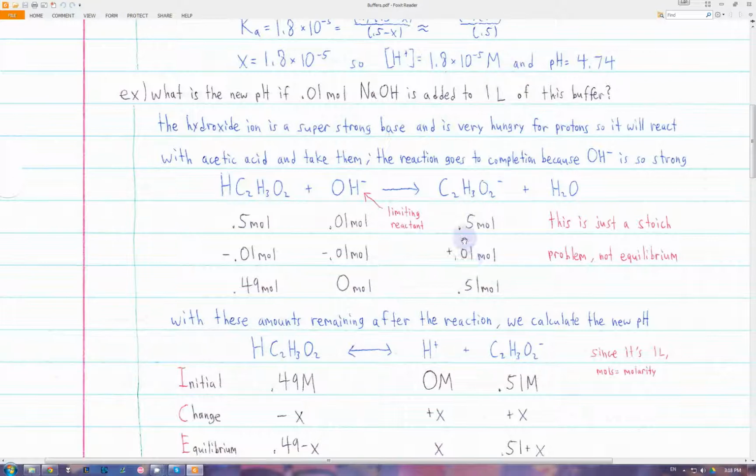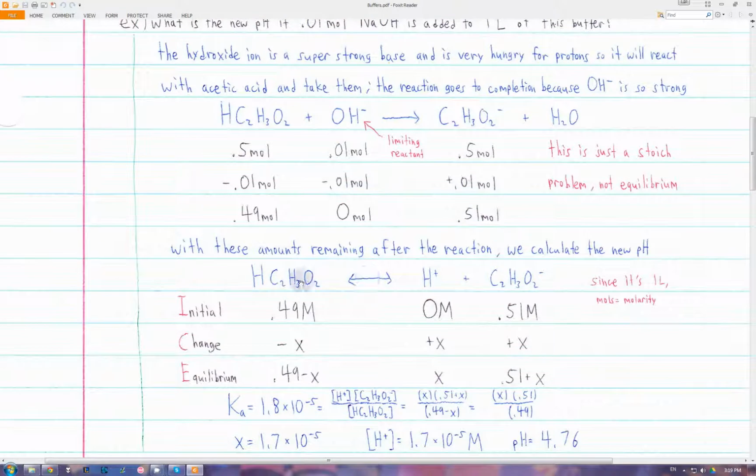After you do this stoichiometry, you now do another equilibrium problem. We added the sodium hydroxide, the hydroxide reacted to completion with acetic acid, and now that that's done, we do another ICE problem with the dissociation of acetic acid with these new amounts after the reaction with hydroxide.